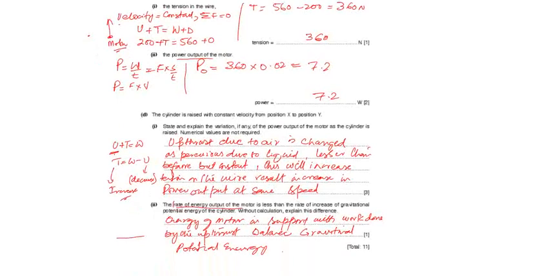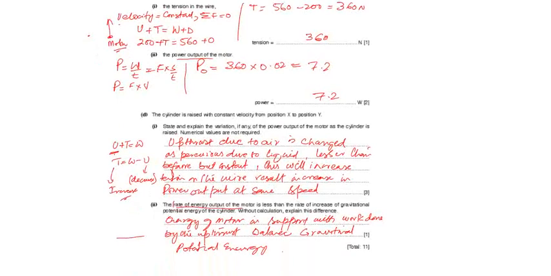So the rate of energy output of the motor is less than the rate of increase of gravitational potential energy. Rate means per time, and both times are the same. The basic emphasis is on the energy output and the gravitational potential energy. When the cylinder moves upward, there are two works done: the work done by the air on the cylinder due to the upthrust, and the work done by the motor on the cylinder.